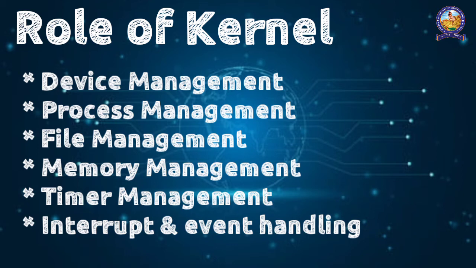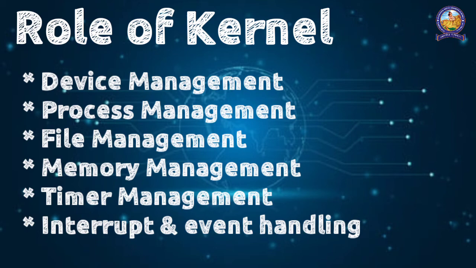In earlier times, all these functions like process management, file management, memory management, device management, timer management, and interrupt or event handling were handled together. Interrupt handling means it may happen that sometimes two or more programs come together in a single processing time, so the operating system must have logic to handle those situations.